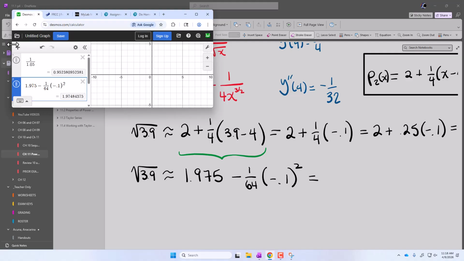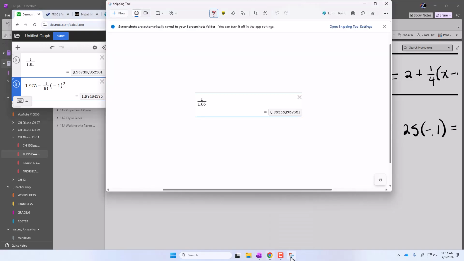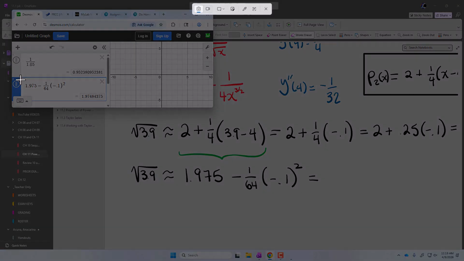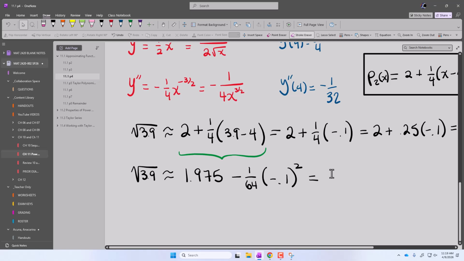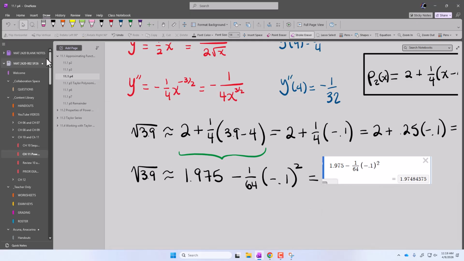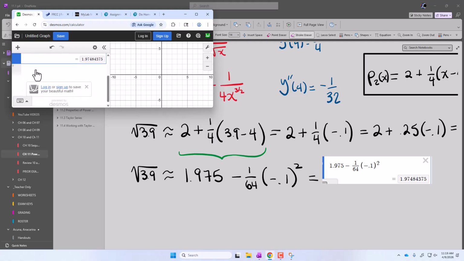So that is what we get there. Let's just copy that over. We've got that as our approximation. And now again, we are dealing with things that we can do anyway. We don't really need to do it with this linear approximation because we can just do the square root of 3.9.